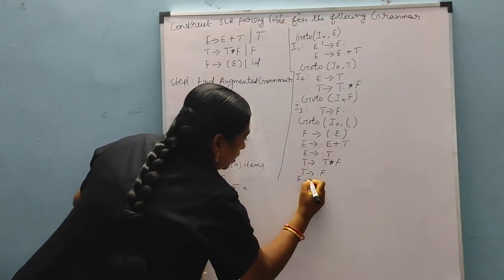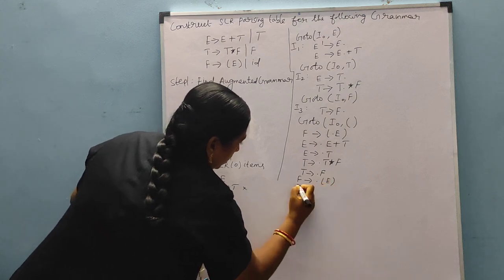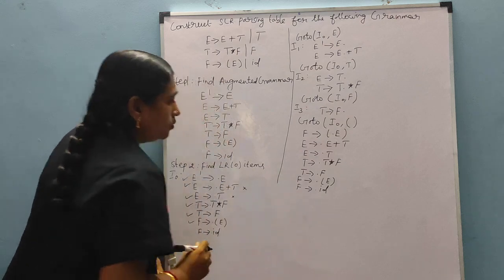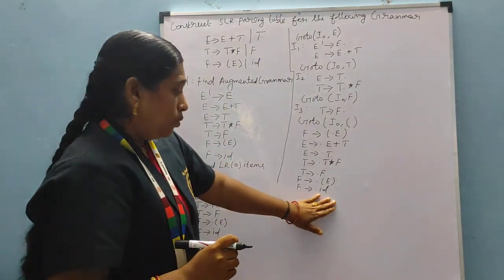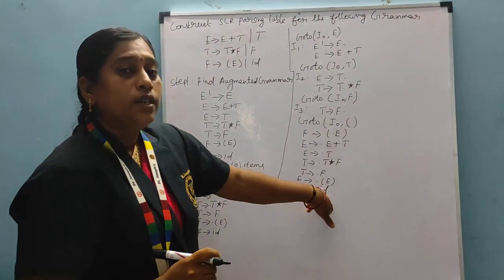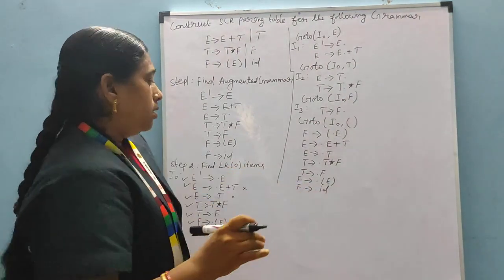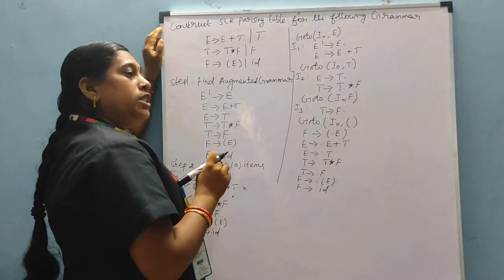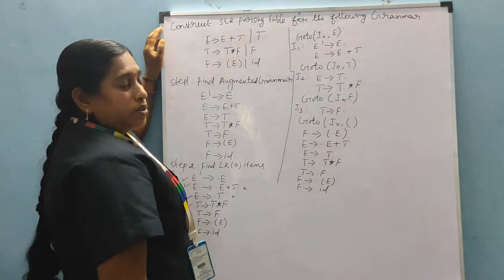So I am adding the F non-terminal productions. Now check. After movement of the dot, if a terminal is present, we have to stop. Okay. If it is a non-terminal, I have to add the non-terminal productions from the I naught state. If it is a terminal, stop the process.